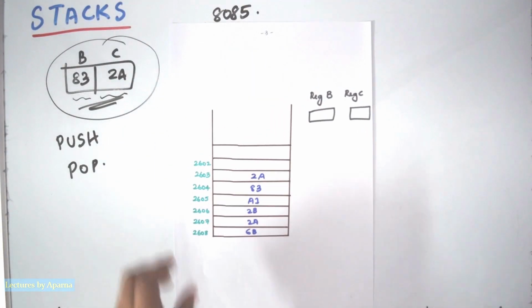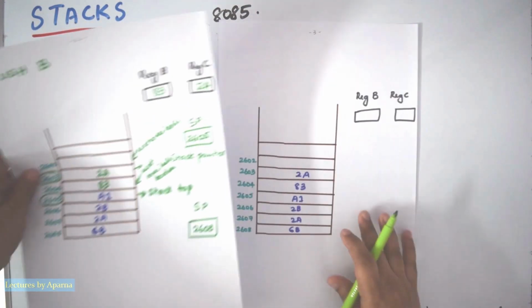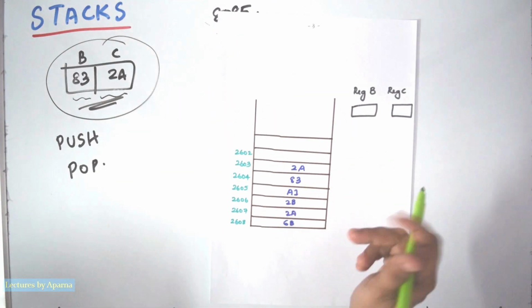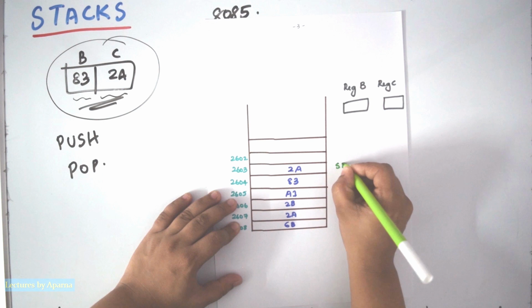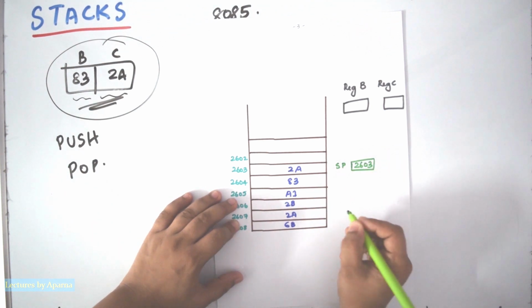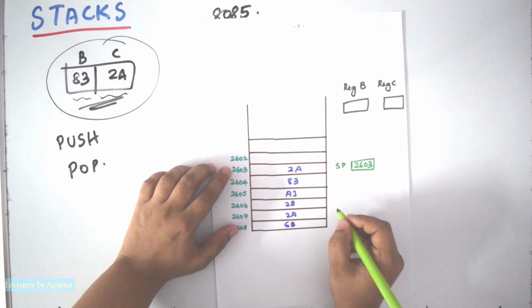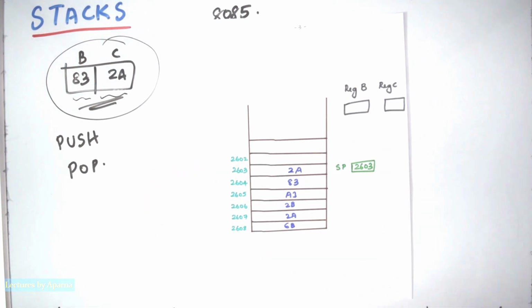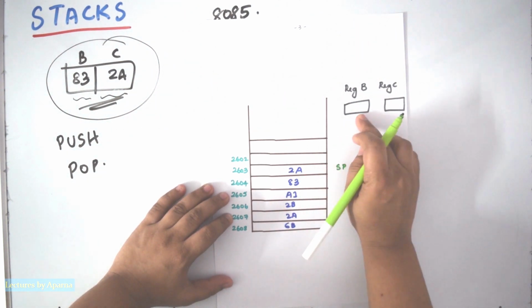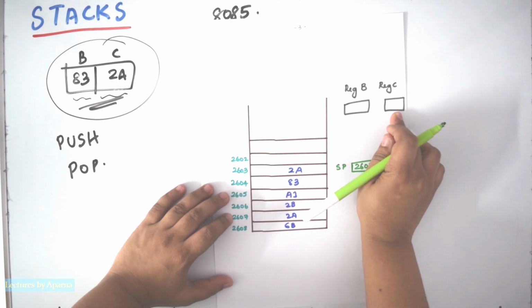Now I have the stack like this, where the contents 83 and 2A are put into the stack. The stack pointer now contains 2603, that is the address of the stack top. Now what happens if I need to take back these contents to register B and register C?